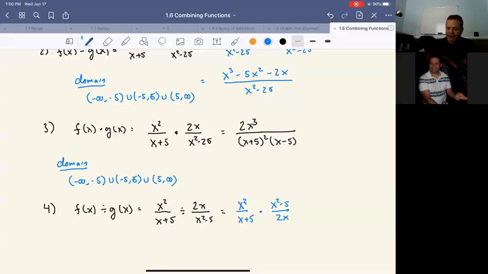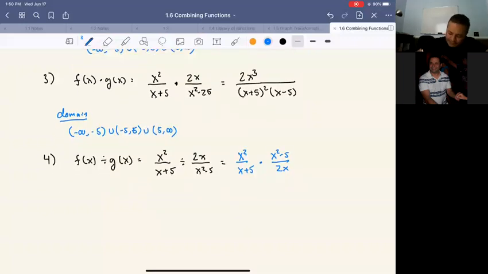Now let me just write this out. X squared minus 25 is x plus 5 times x minus 5. And then I have here x plus 5 over 2x. So I'm going to get a lot of simplification here.